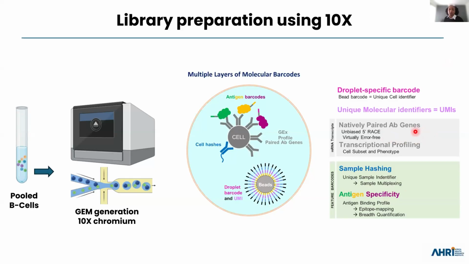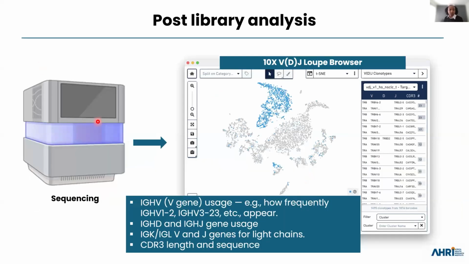If I was using bulk sequencing, for example, I would end up with heavy chains and light chains on their own that are not paired. By using 10x Genomics, I get the paired antibodies, which allows me to define the specificity of the antibody and characterize a definite class of the antibody, which is what I'm looking for.